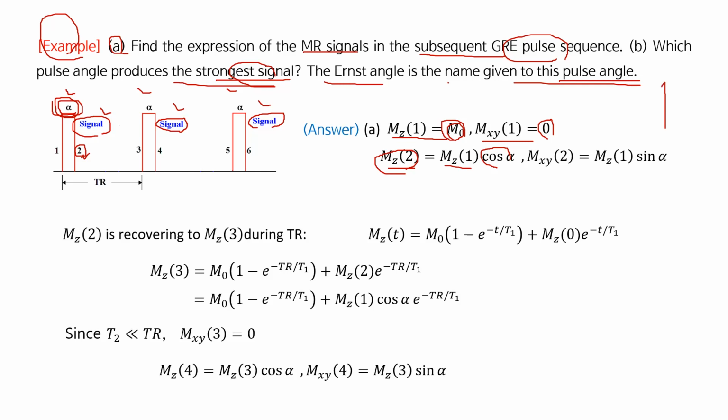So we used angle alpha, so the magnetization will be inclined in this direction with the angle alpha. So longitudinal magnetization will become M0 cosine alpha, and transverse magnetization will become M0 sine alpha, right?